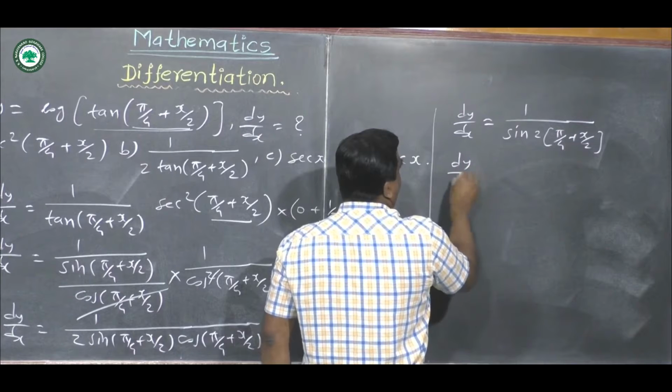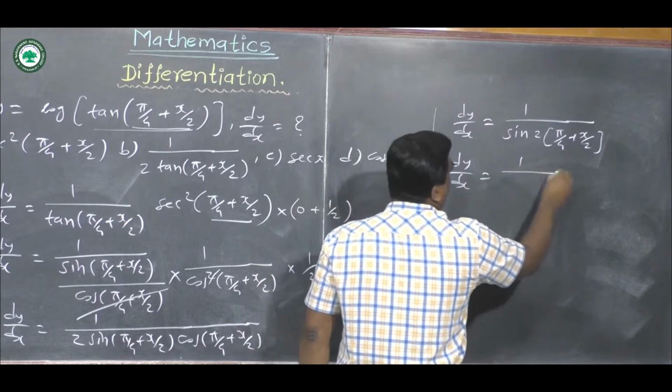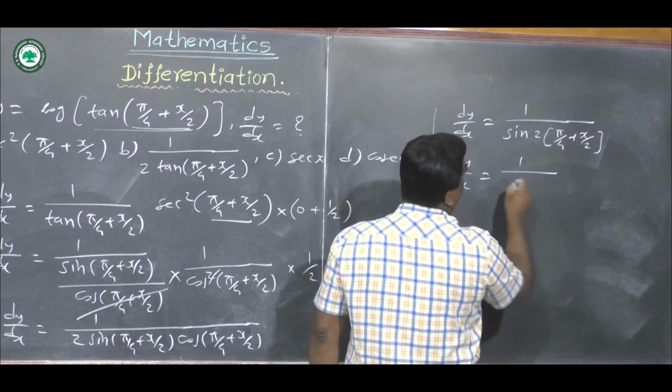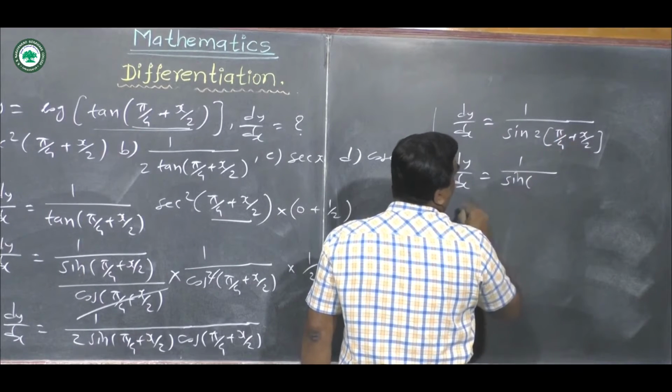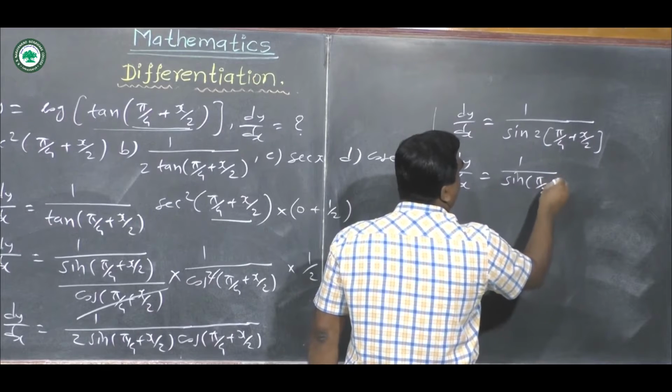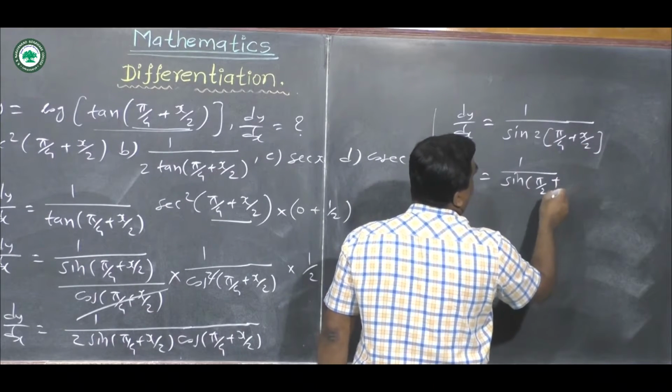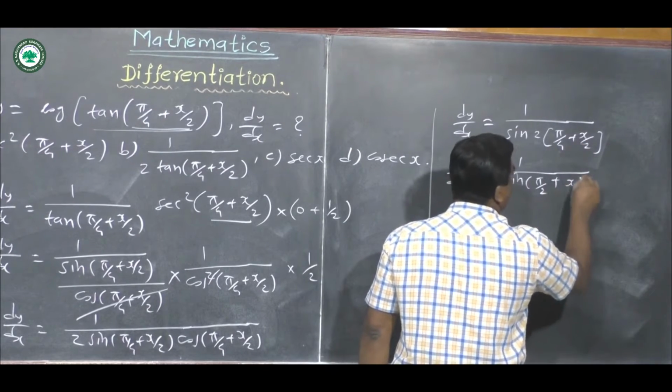That is dy by dx is equal to 1 upon, multiply this 2 into the bracket, so we get sin of 2 into pi by 4, that is pi by 2, plus 2 into x by 2, means only x.